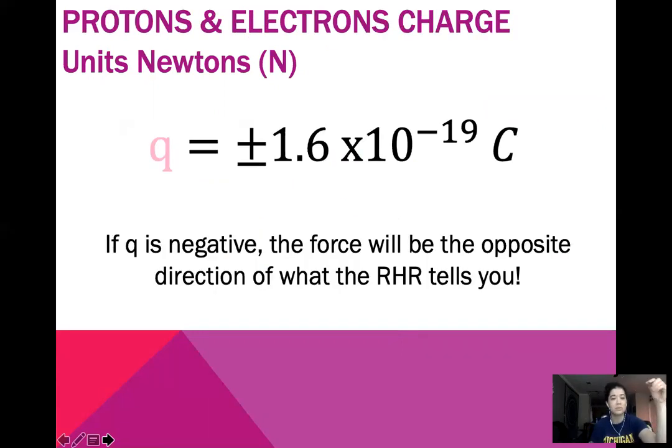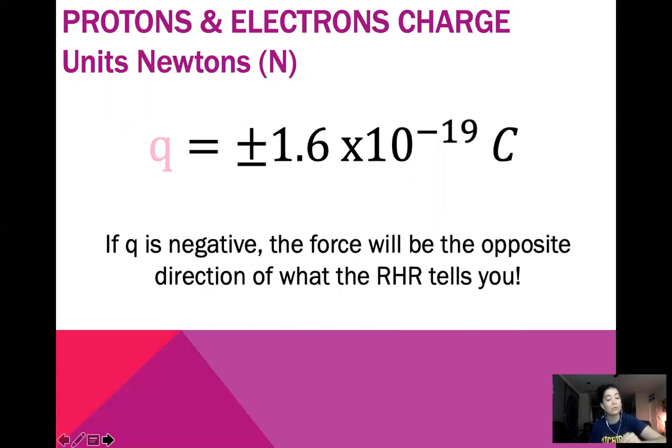Write this down too, okay? The charge of a proton or an electron is 1.6 times 10 to the negative 19 coulombs. If it's a proton, it's positive. If it's an electron, it's negative. Crazy, right? The right-hand rule is only used for positive charges. Write that down too.